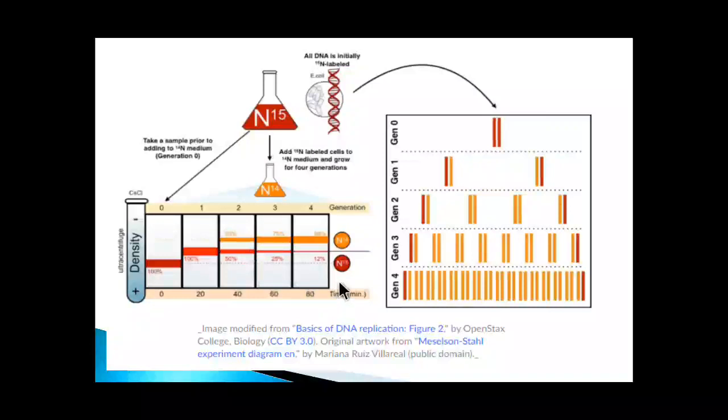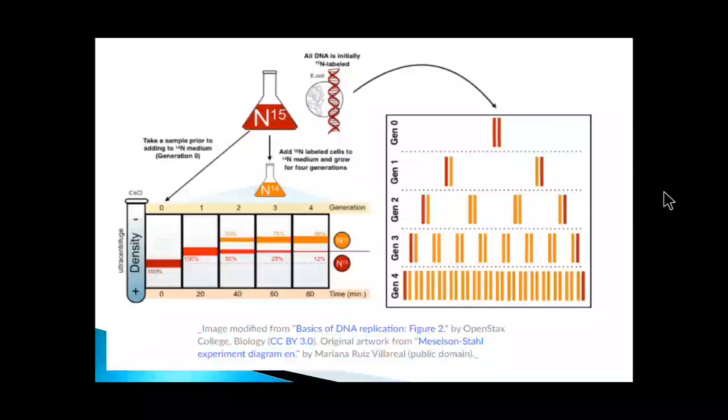This band was intermediate in density between the heavy N15 and light N14. This indicates that the DNA molecule made in the first round of replication was a hybrid of light and heavy DNA.